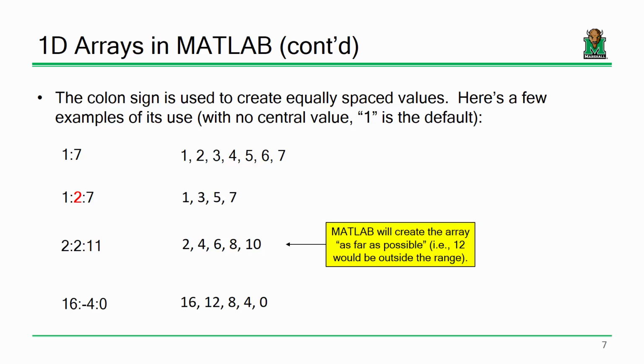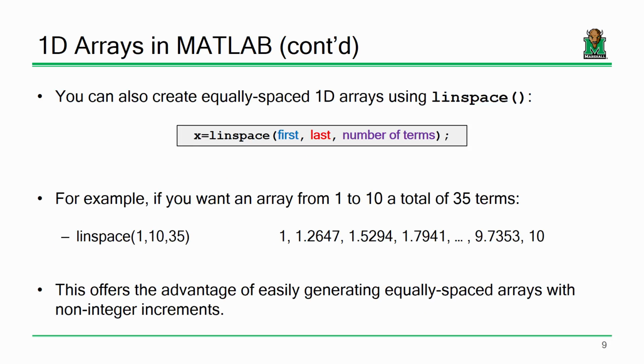So it was 2, 2, minus 4. What we didn't exactly know is how many values we were going to get. We knew the bounds and we knew the increment, but the difference with linspace is that linspace will calculate the increment for you based on how many numbers you want inside of your array.